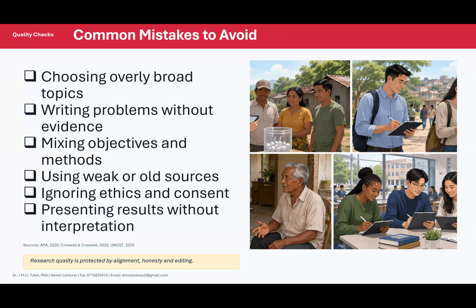Other weaknesses include outdated or unrealistic resources, descriptive literature review, poorly designed instruments, unjustified samples, and inappropriate statistics. And academic integrity problems include plagiarism, fabricated data, altered results, and references that cannot be verified.